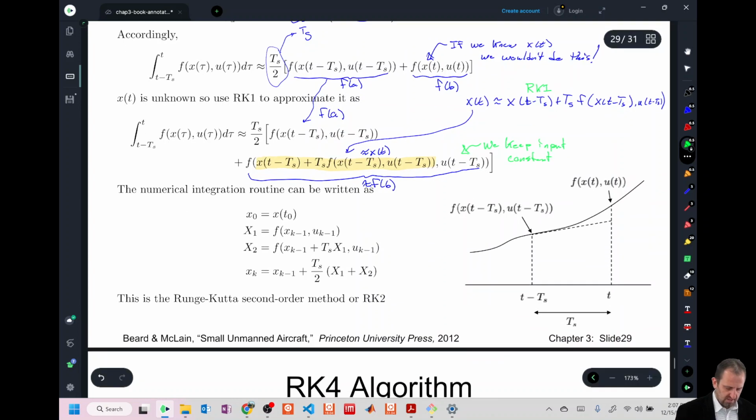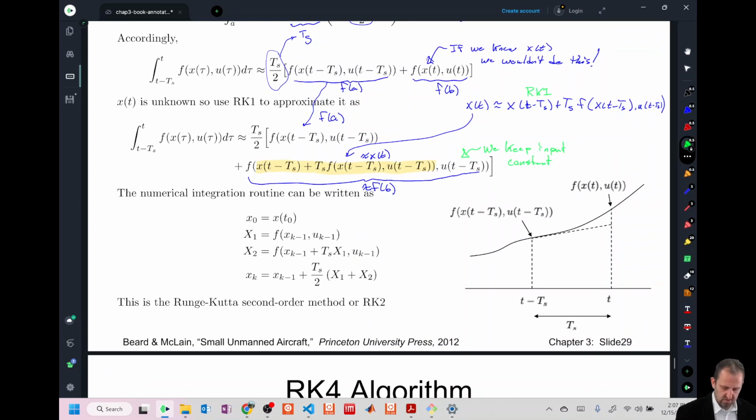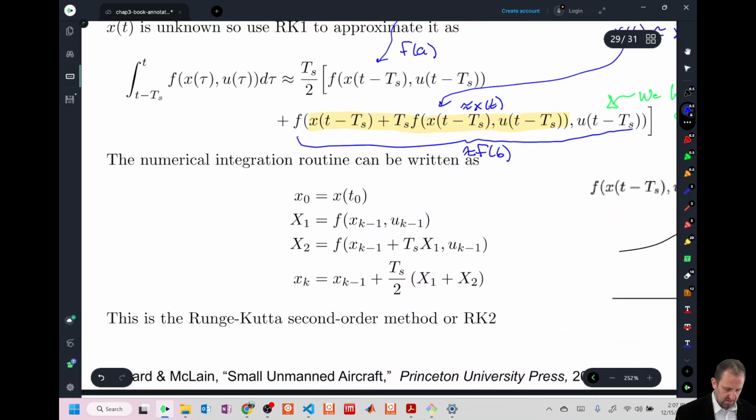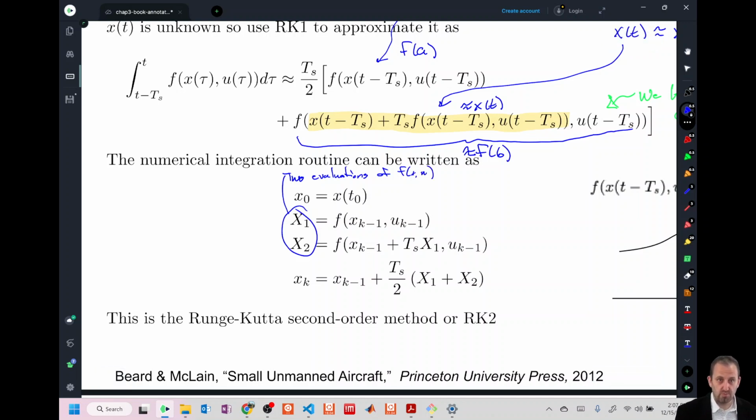Okay, so we can write this again using a simple routine. And now we have two steps, right? Or maybe I should write not two steps, but two evaluations of f of x, u, which is getting closer to what we saw in the beginning with the code, where we had 4 evaluations.